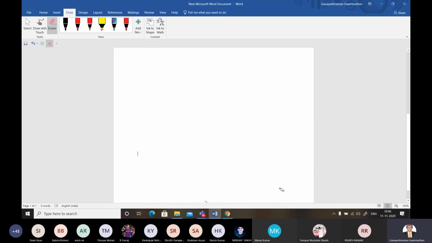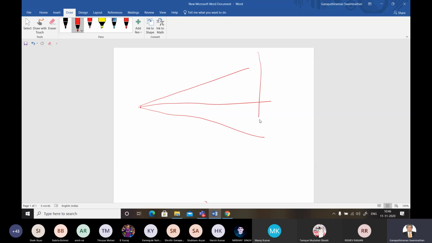It's only the principle of similar triangles. Suppose I have points A, B, C, and I want to find out the distances OA, OB, and OC.